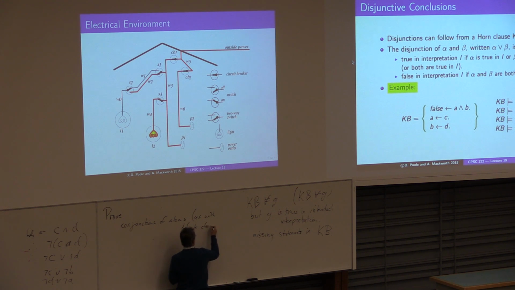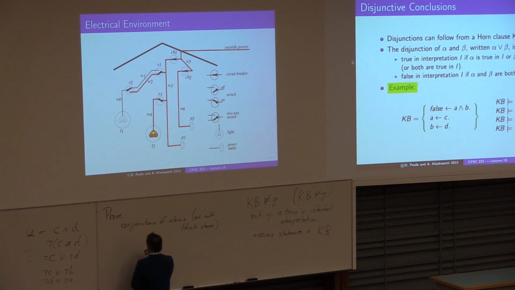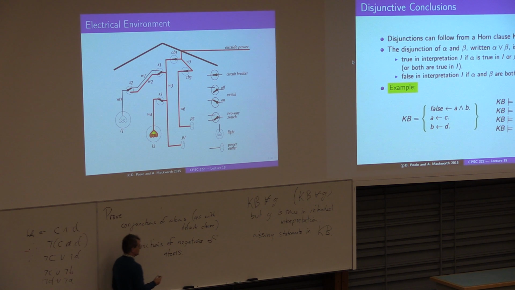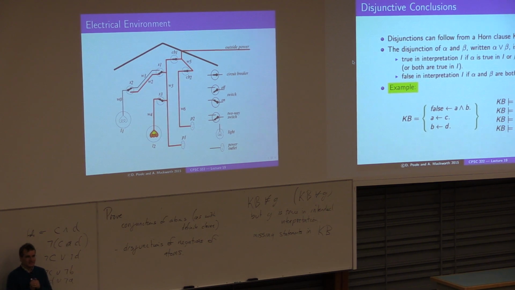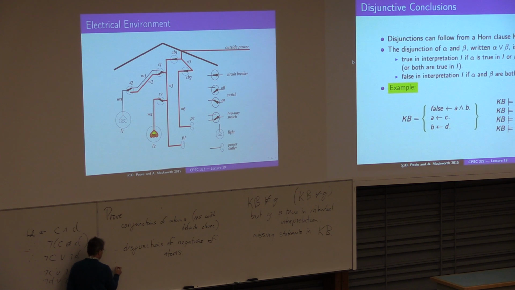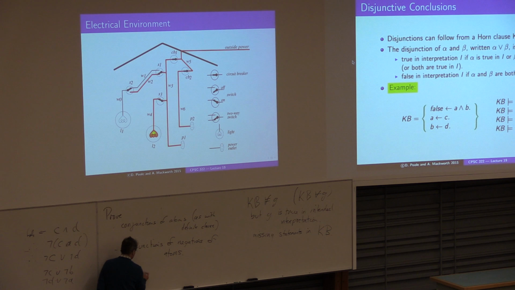And we can also prove disjunctions of negations of atoms. Okay, so we can prove both of these things. We can't prove arbitrary disjunctions, right? So far in this language, we can't prove just disjunctions of atoms.